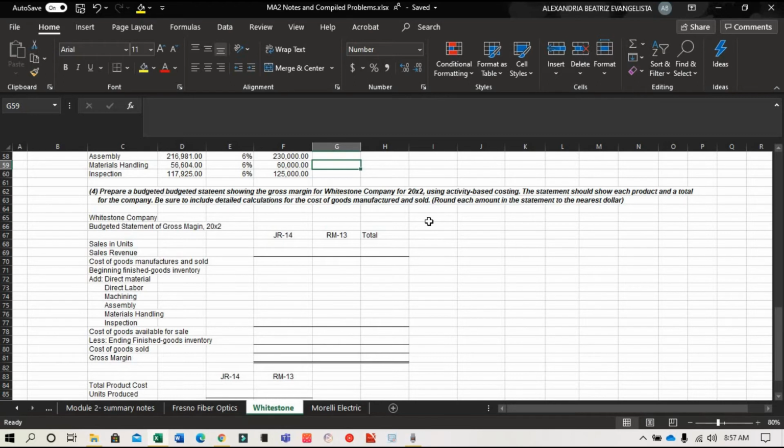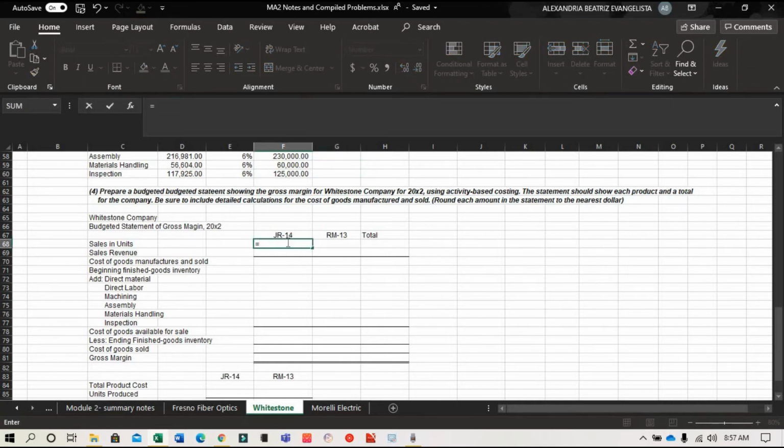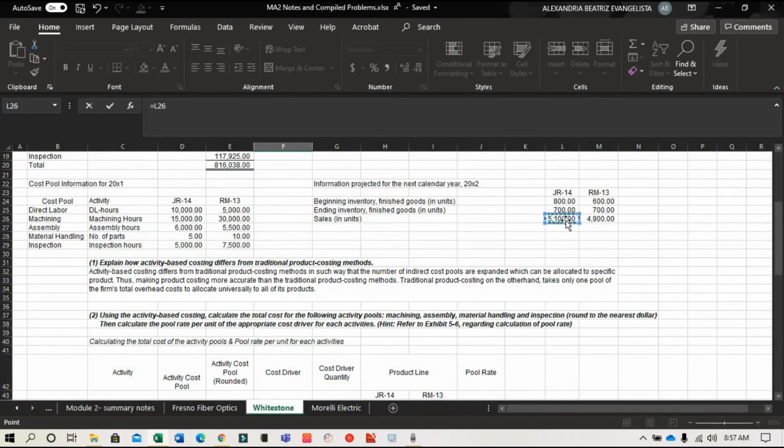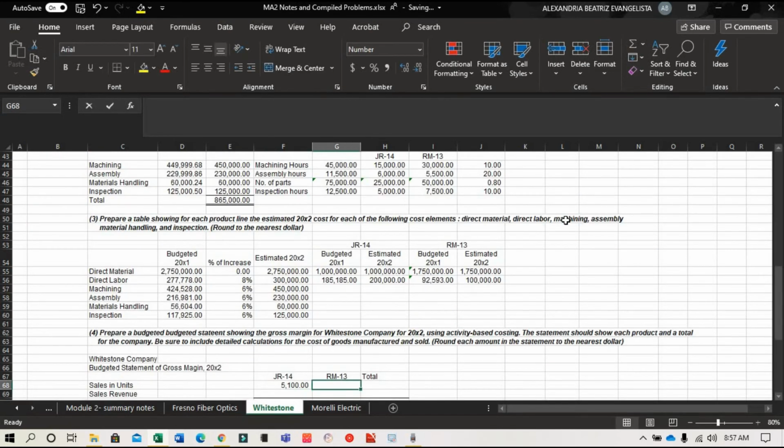Be sure to include detailed calculation for the cost of goods manufactured. Round each amount in the statement to the nearest dollar. So the sales in units for 20x2 for JR14 is 510, and for RM13 that is 4,900.